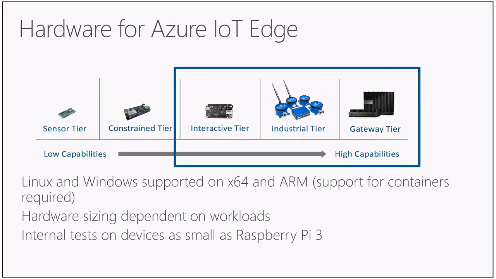For the hardware for IoT Edge, we talked about Linux and Windows supported on x64 and ARM, and we need to make sure that Docker is enabled, since support for containers is required for these devices. If you look from left to right, all the way from low capability devices to high capability devices like the gateway tier, we pretty much run Edge on almost all of these devices.